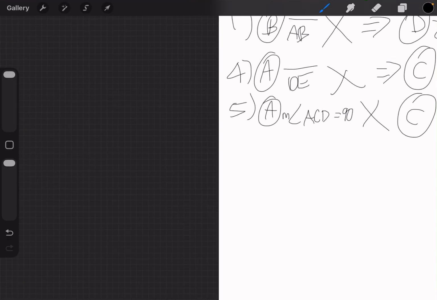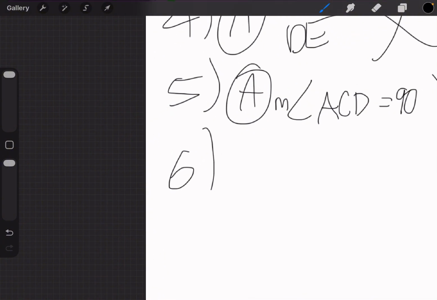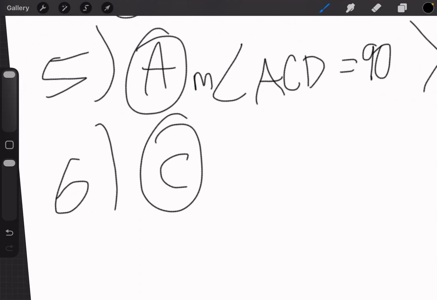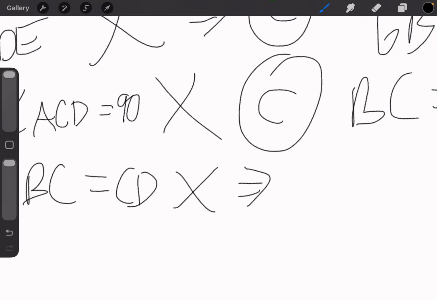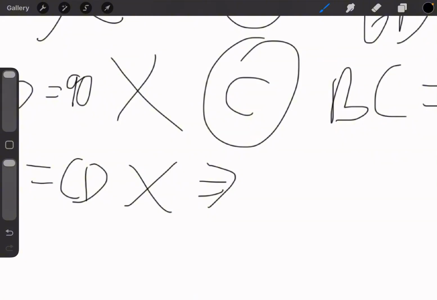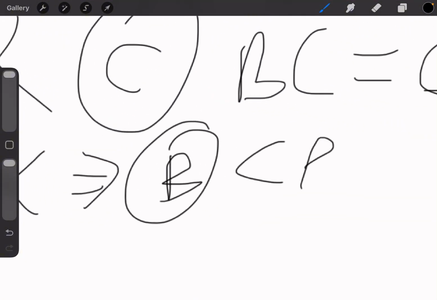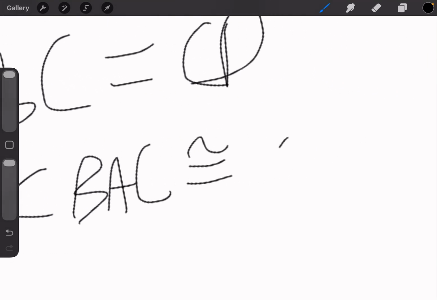Okay, so the next question is 6. It says line AC is an angle bisector. For this I chose C, which is BC equals CD, but I was wrong, and the real answer is B, which is angle BAC is the same as angle DAC.